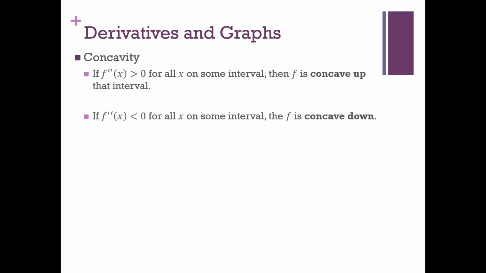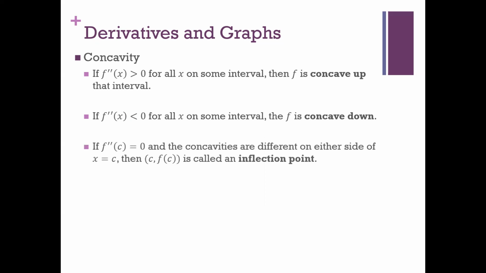So I got a graph to show you. Let's talk about the concavity on a couple of intervals here. Actually, one more thing for you. If the second derivative is equal to 0 and the concavities on either side are different, then you have what's called an inflection point.